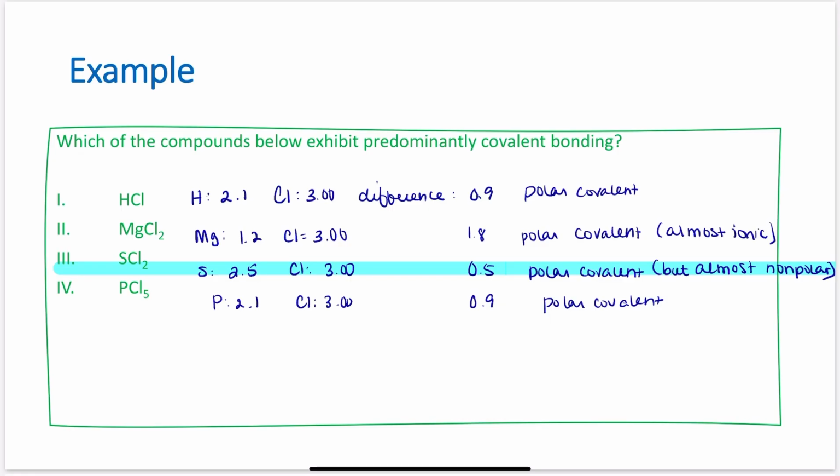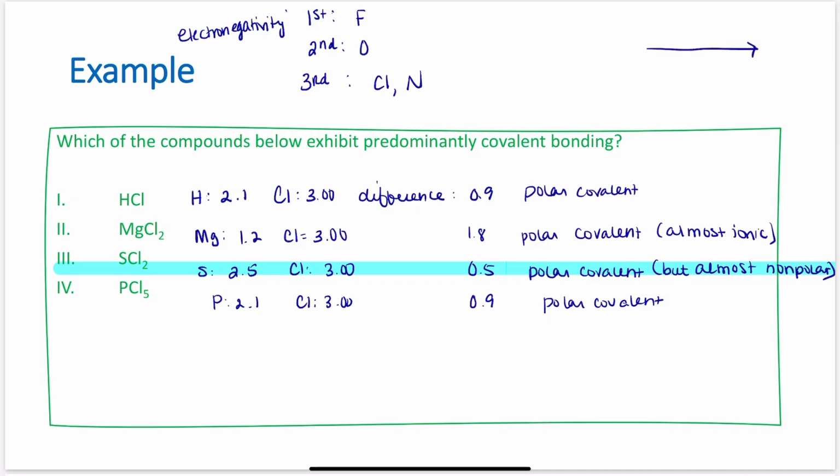You need to know that first place for electronegativity goes to fluorine. Need to know that second place goes to oxygen. Need to know that third place is tied between chlorine and nitrogen. Okay.